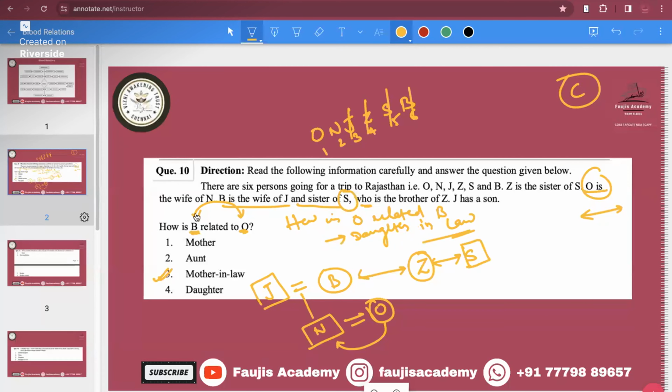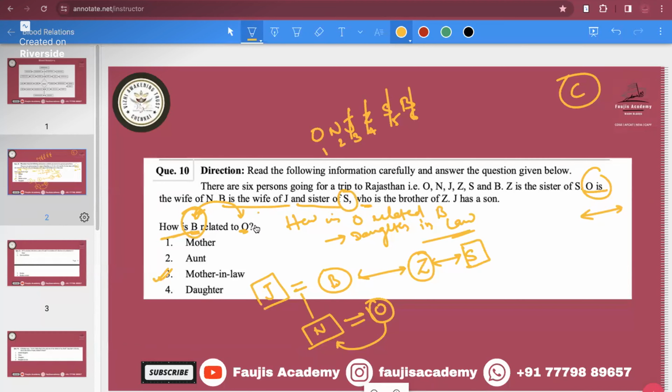From B's perspective, if you are B, then O is the wife of your son, which means your daughter-in-law.